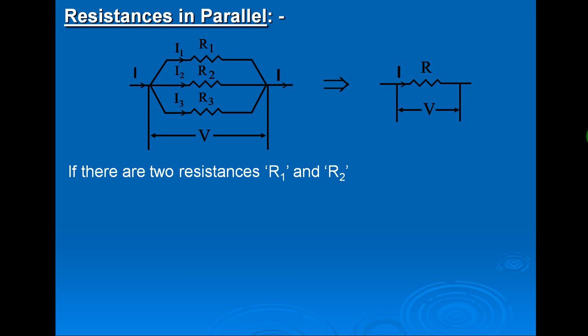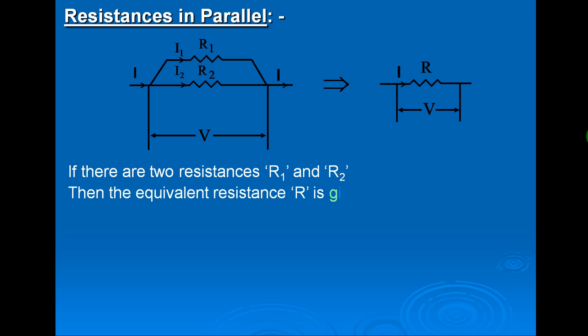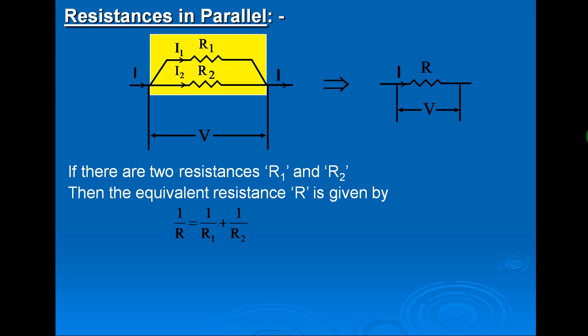If there are two resistances R1 and R2, then the equivalent resistance R is given by 1 upon R is equal to 1 upon R1 plus 1 upon R2. On the right hand side, take the LCM.